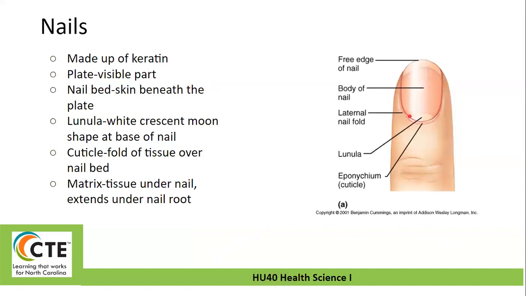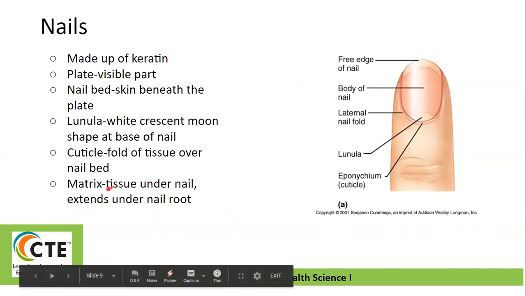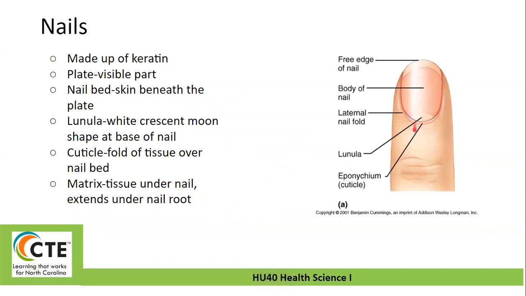Guys tend to kind of let their cuticles go, and they get all this extra skin growing on their nails. Ladies, we tend to push it back, or we go get manicures done. And I already told you the matrix is what's under it. Our nail root goes under our skin down in here, and the matrix kind of follows the nail root underneath there.